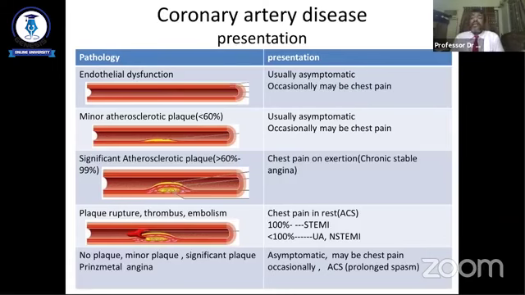If there is a large thrombus within the coronary artery, we have a suction catheter, and with the suction catheter we suck out the large thrombus. But if there is a small thrombus, we do balloon angioplasty followed by stenting.